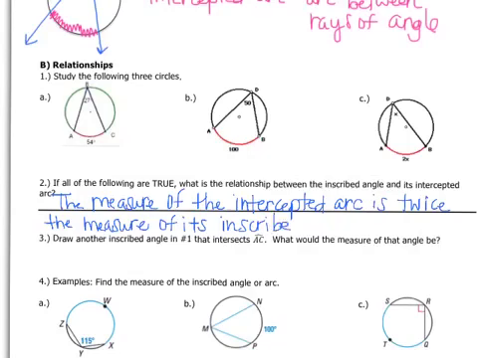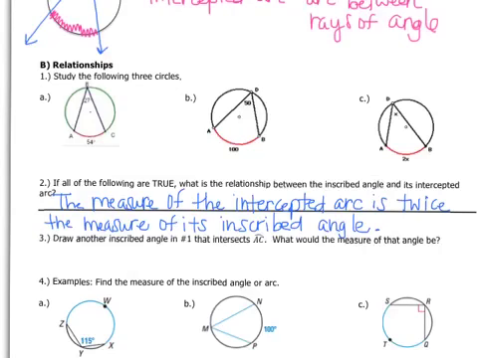And of course, you could look at this going the other way. You could say that the measure of the angle is half the measure of the arc. So either way you look at it, just in these three examples, the measure of the inscribed angle is half the measure of the intercepted arc.